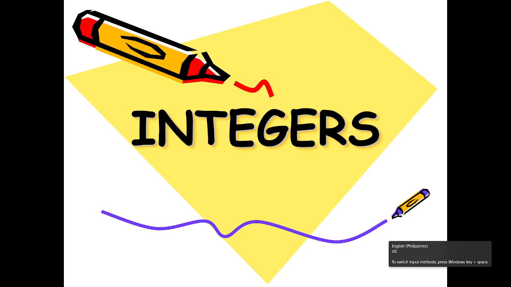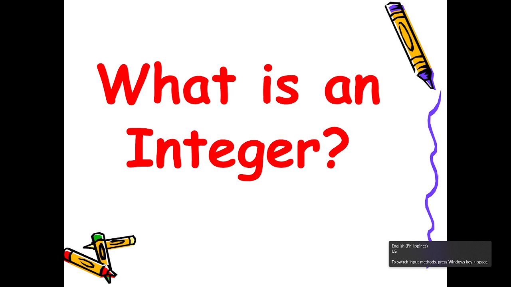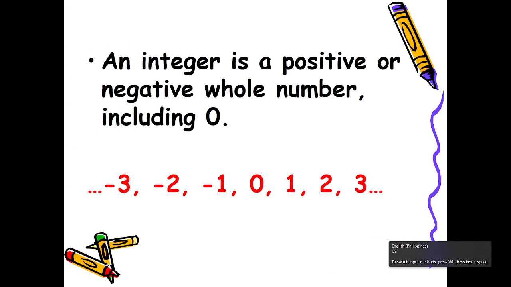So to get started, what is an integer? Now, this is the basic question, and this is a very simple definition of an integer. An integer is basically a positive or a negative whole number, including the number 0.